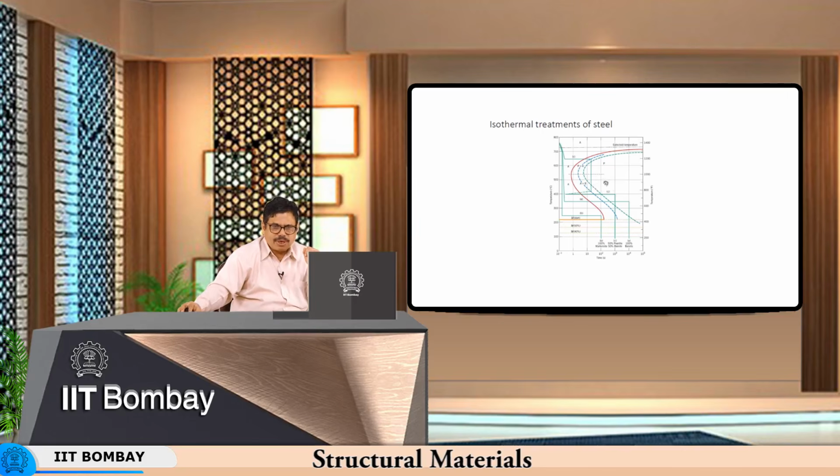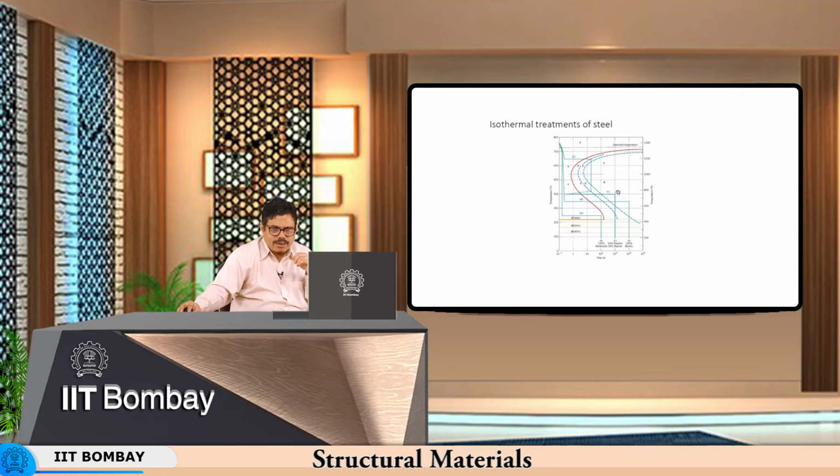So you have bainite formation over here, and if you cool the austenite down without hitting the transformation start curve which is here, and hold it at a relatively lower temperature, then you will get complete transformation of austenite to bainite.